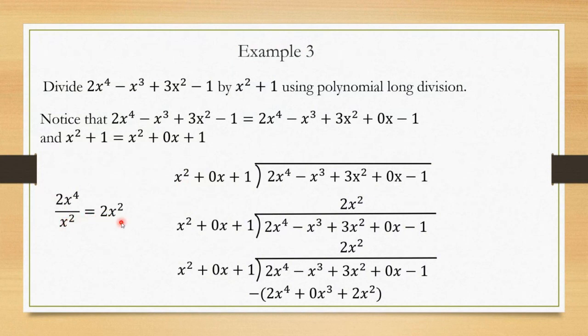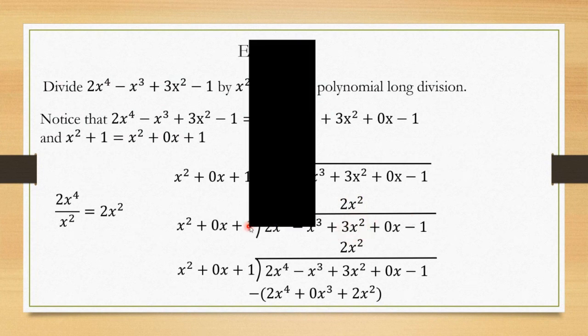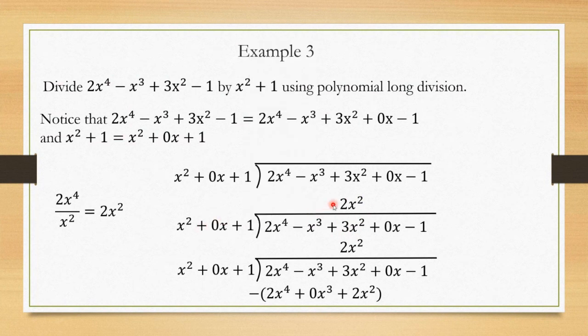You're going to put that above the like term in the dividend. And then just like in long division of real numbers, you multiply. You're going to take the 2x squared and multiply it by this whole divisor.